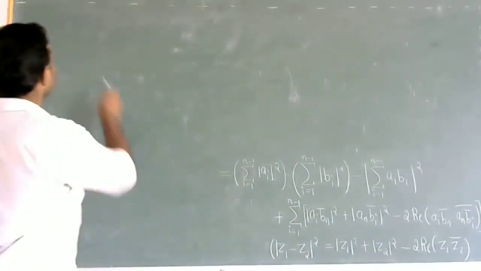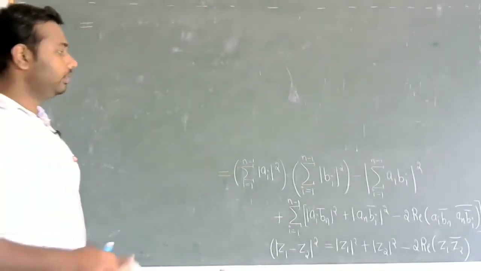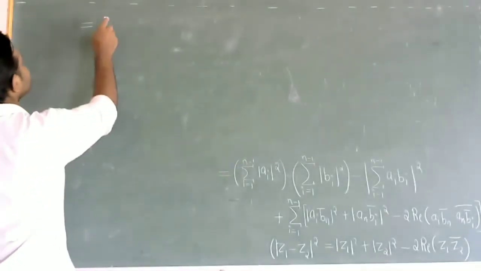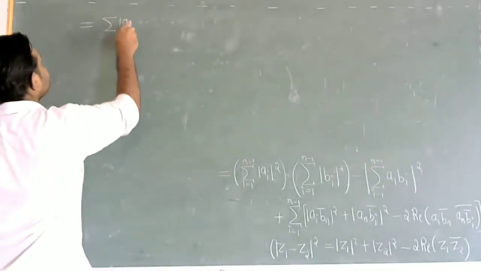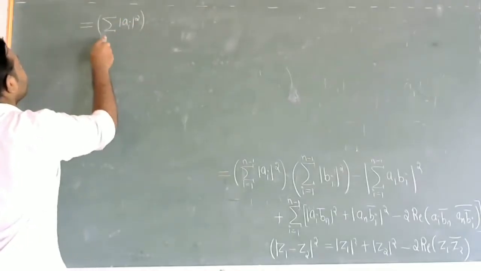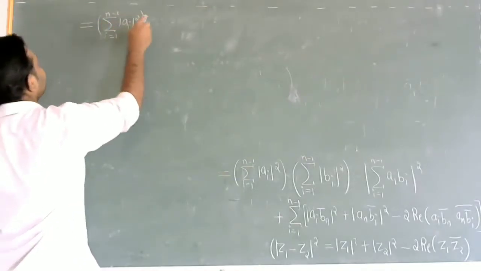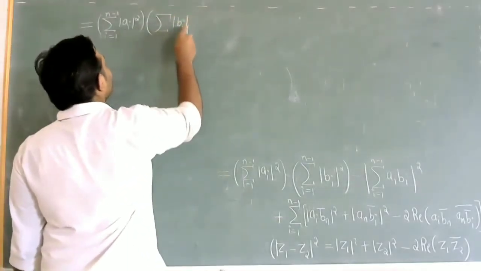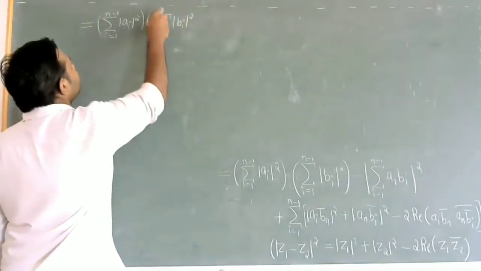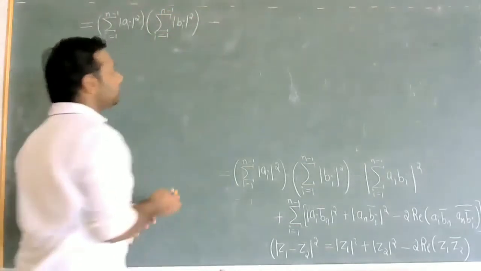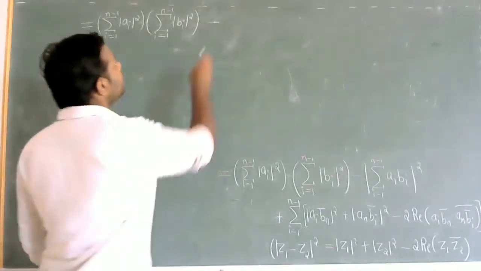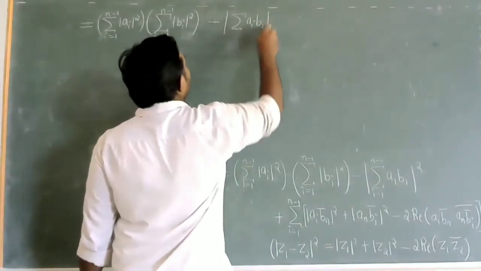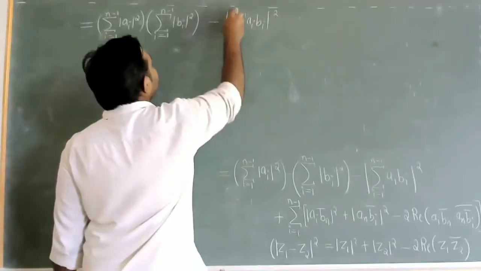This step is equal to, once again, these first three terms are as it is: summation modulus of ai whole square, i running from 1 to n minus 1, summation modulus of bi whole square, i running from 1 to n minus 1, minus modulus of summation ai bi whole square, i running from 1 to n minus 1.